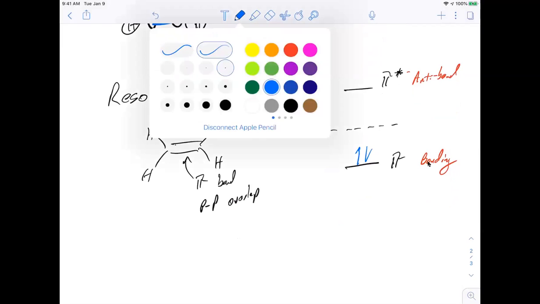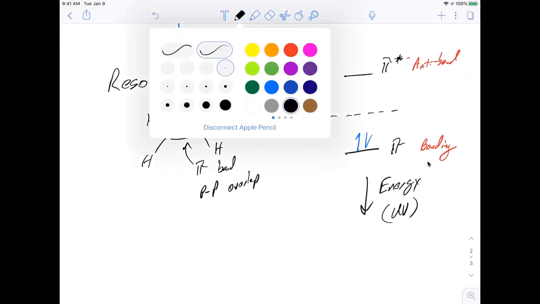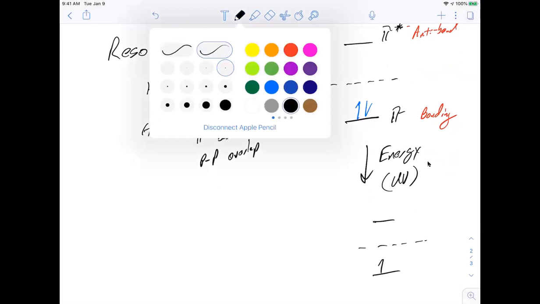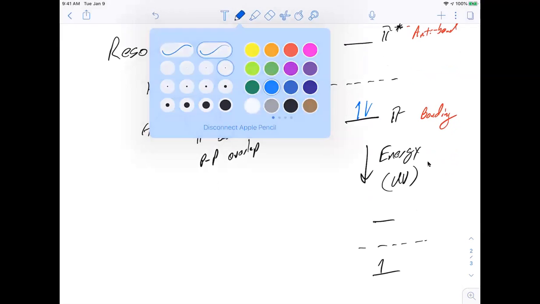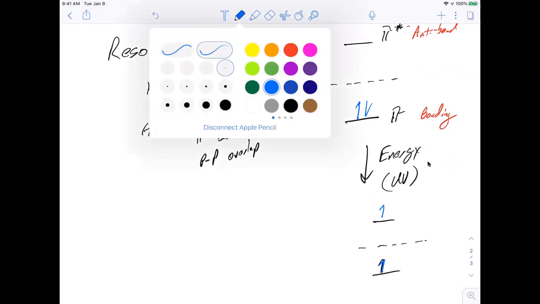Now, if we added a bunch of energy, and for this one we can use UV energy, we could move one of those electrons from the bottom to the top.